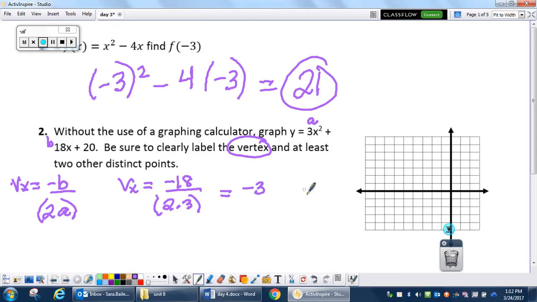So that's our x coordinate, and now to get our y coordinate, we substitute negative 3 back into our equation. So we do 3 times negative 3 squared plus 18 times negative 3 plus 20, and that should be getting you negative 7.